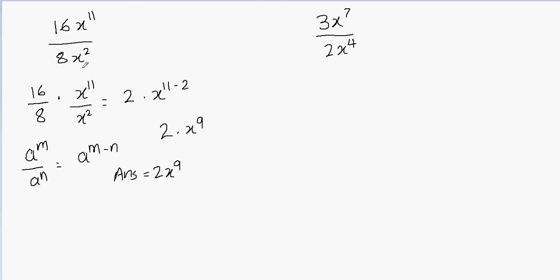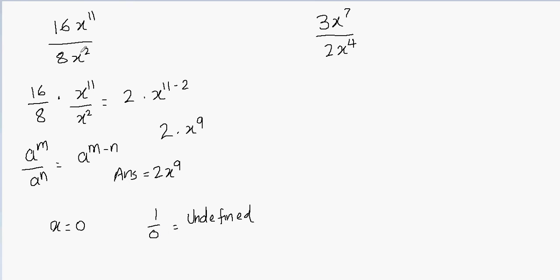What value of x will make this expression undefined? Let's say if I plug in x equals 0 here, I cannot have a 0 in the denominator because if you have a numerator and anything over 0, we call it undefined. That fraction is undefined. So you cannot have a 0 in the denominator.